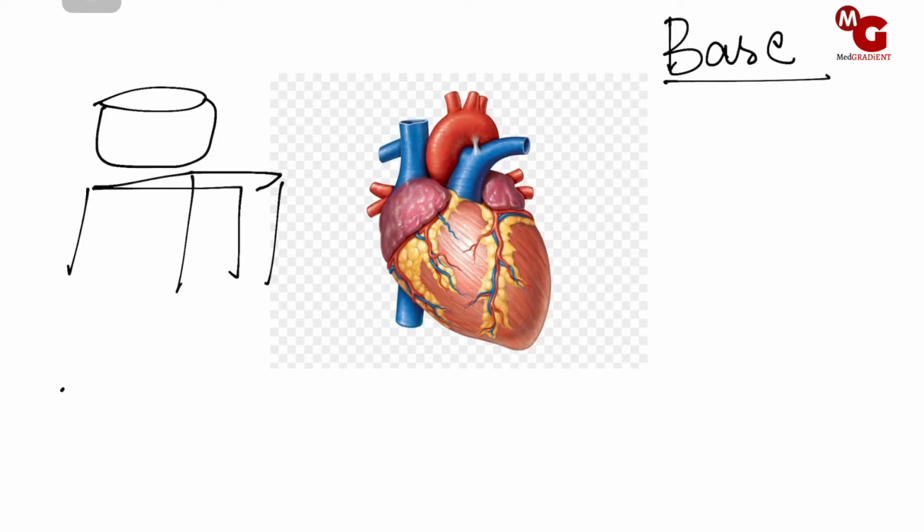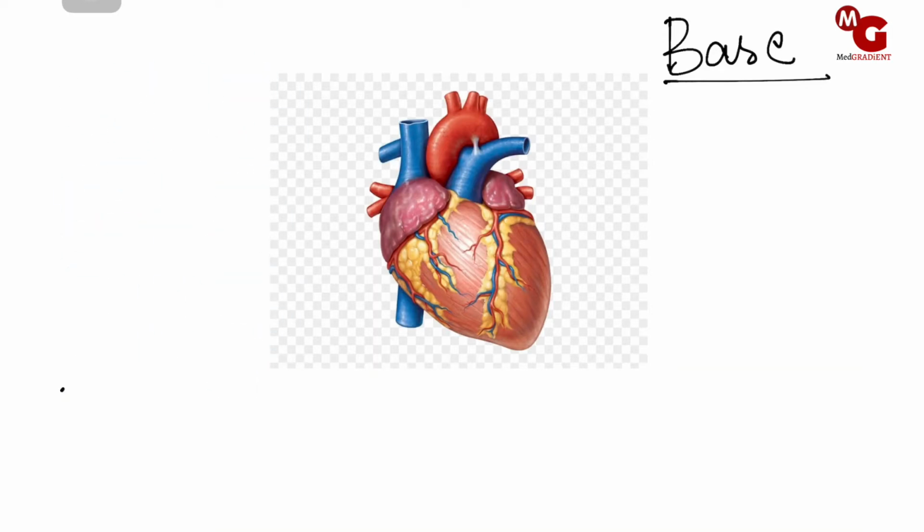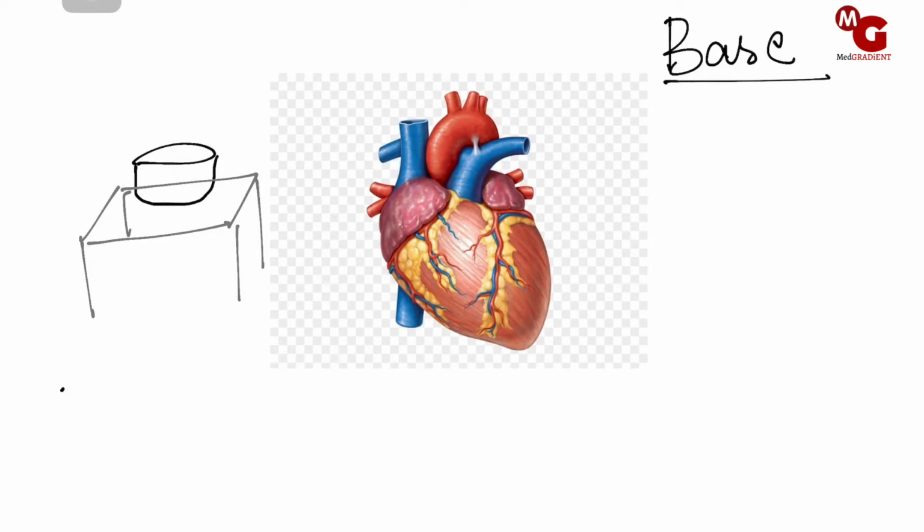I think I'm not a very good artist, let me try again. We have this bowl, and I'm trying to draw a table. Now, if this bowl sits on this table, that means this part of the bowl is called the base.